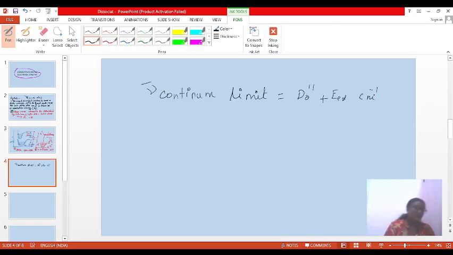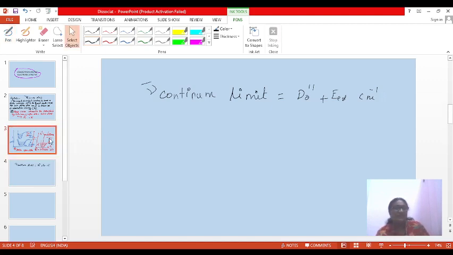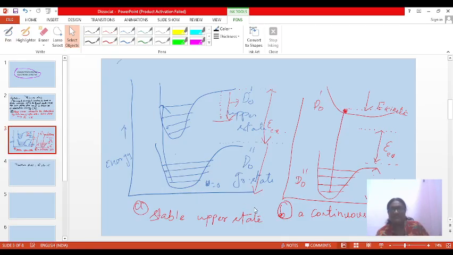Now from the two graphs, the first one is the stable upper state graph, and the other is the continuum state.